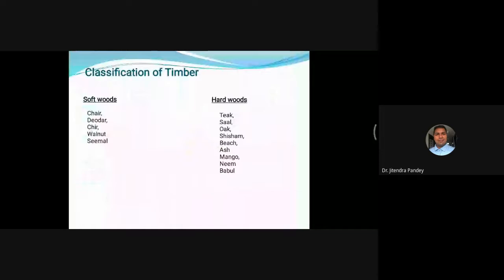Now we can classify timber into softwood and hardwood.